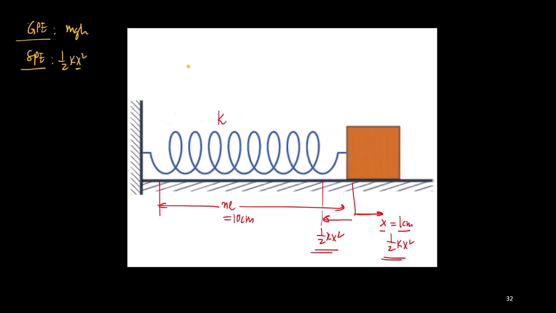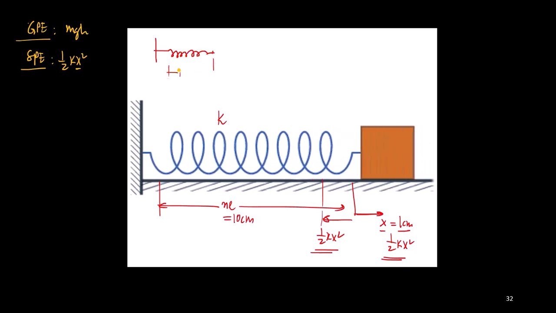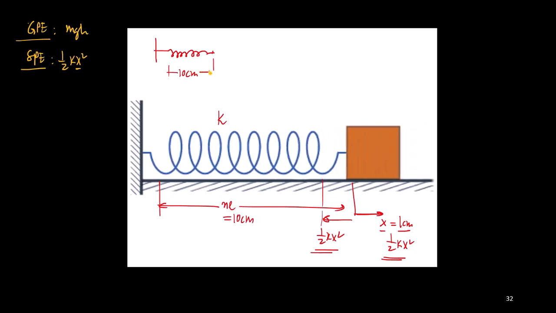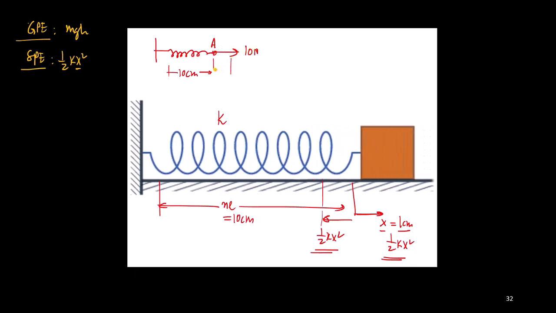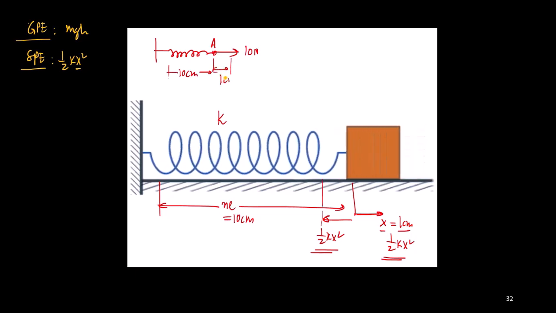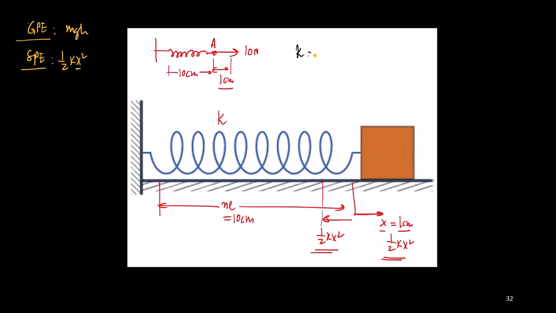What is that number? Let us say I have a spring of length 10 centimeter. Now let us say at point A we are applying a force of 10 Newton to increase the length by 1 centimeter. So now we can define the concept of k. k is basically the amount of force required to produce unit elongation.